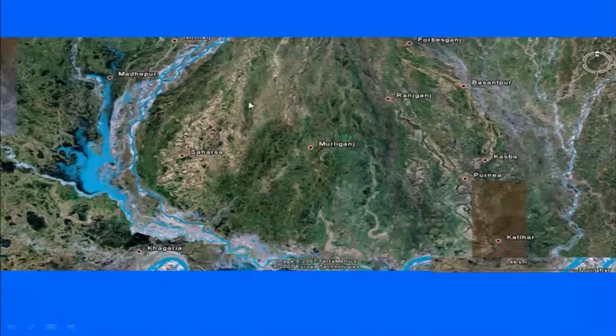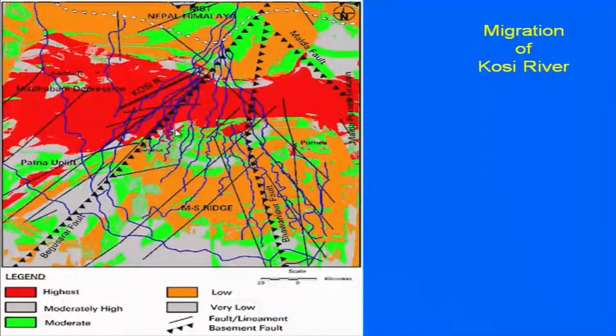People have occupied this area for settlement because it is one of the best alluvial plain regions, with fertile land. But if you see the shape here, this is part of the alluvial fan. Some scientific groups have proposed that the formation of this fan area is because of two faults in the basement.